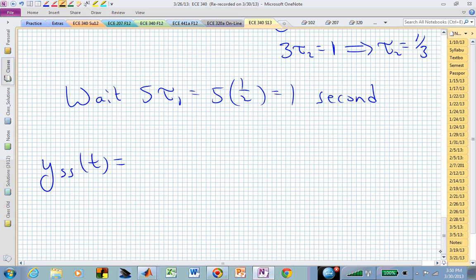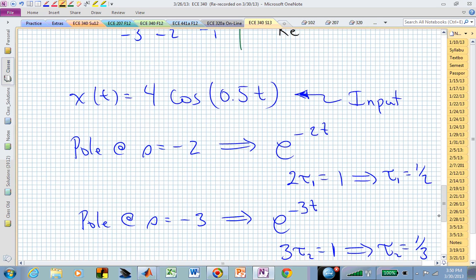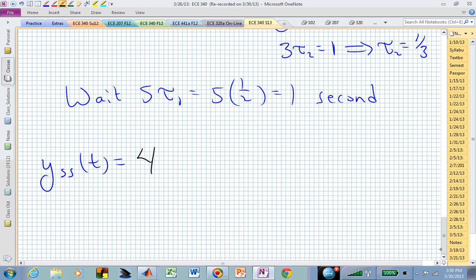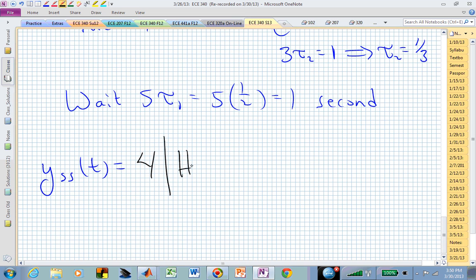Taking those two pieces of information, we know that we now start with a magnitude of 4. That was the magnitude of our original input, x of t. We scale that by what the system does at the frequency that the system is being excited at, which is 0.5 radians per second. And now we take the magnitude of that transfer function at that frequency.